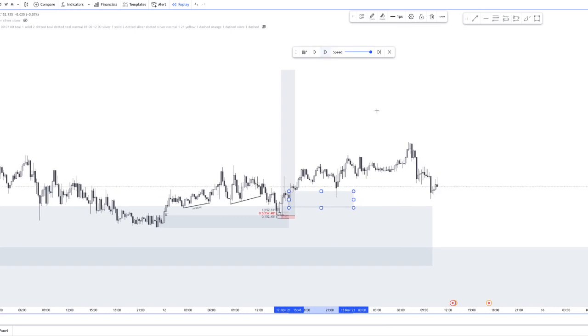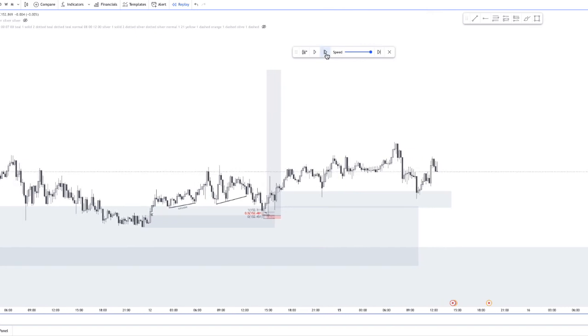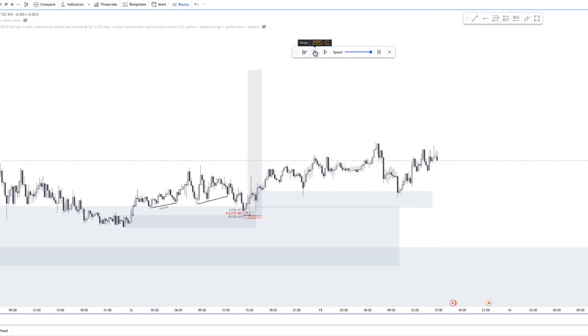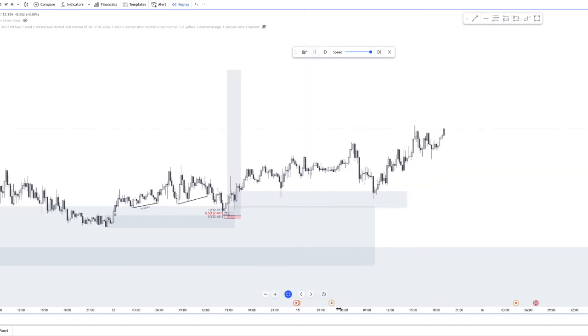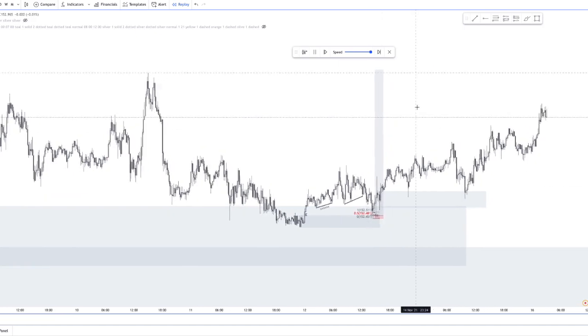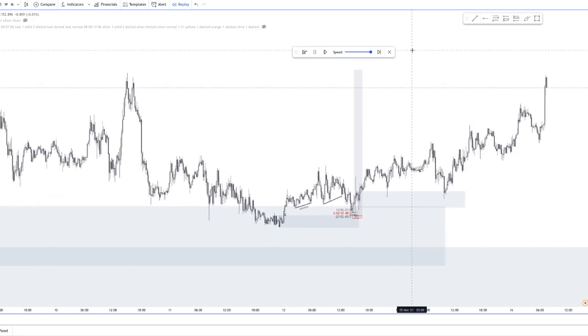And again, price tapped into this demand area, took out this liquidity, broke this structure again, and now is ready to push the price higher.